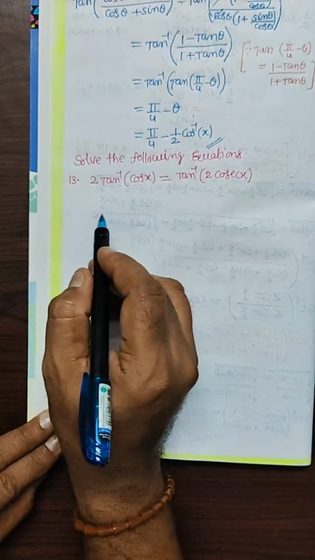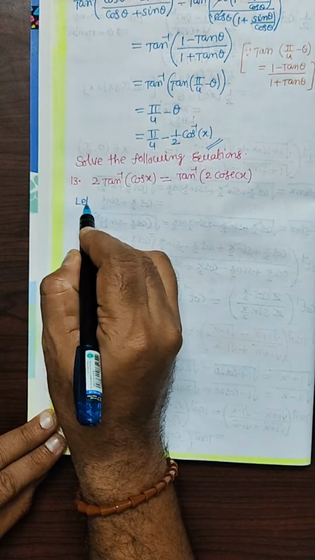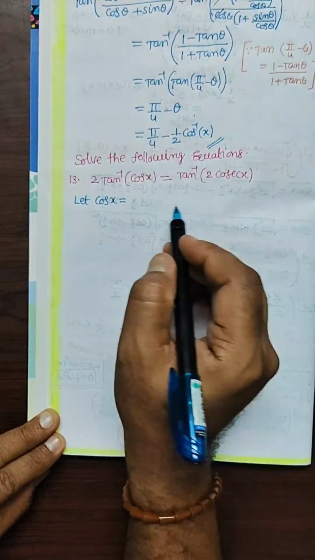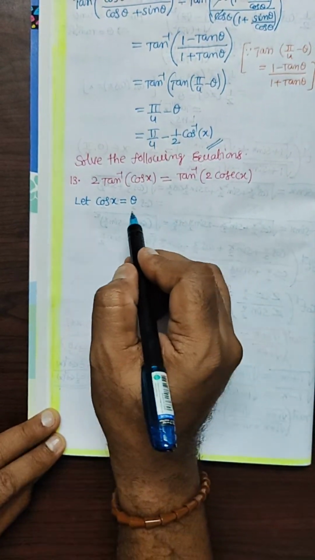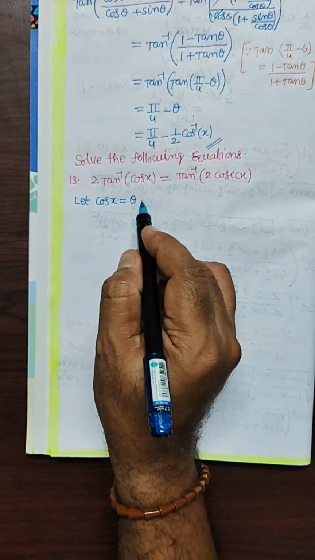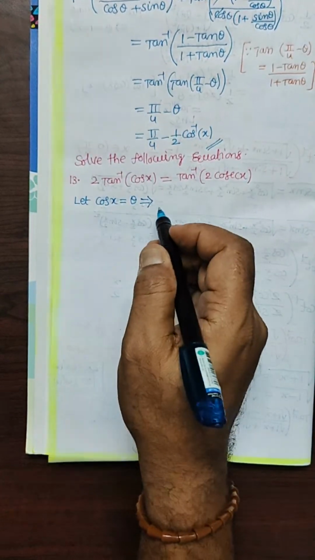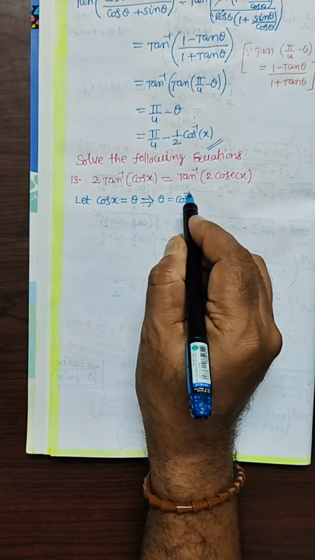So let cos x be equal to some theta. That implies that theta is equal to cos inverse of x.